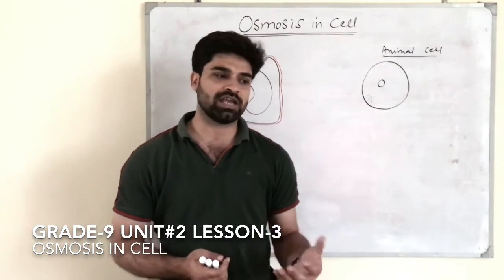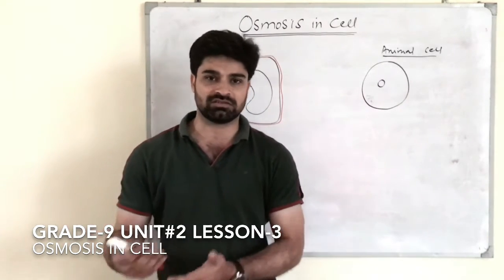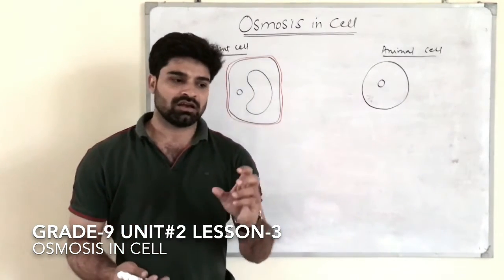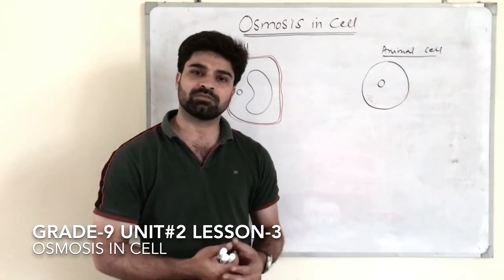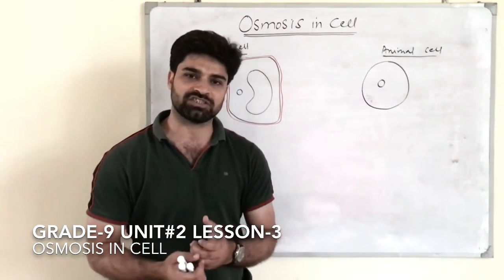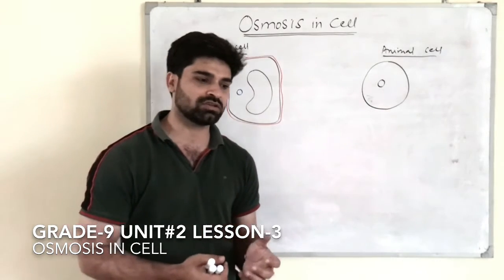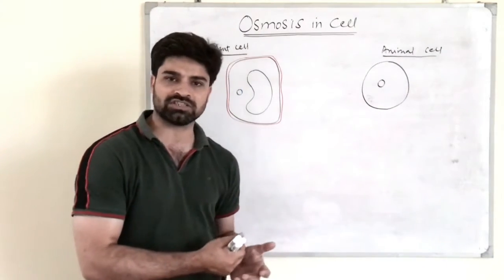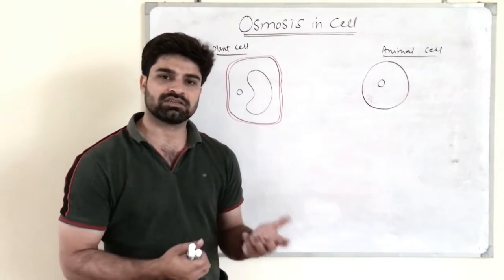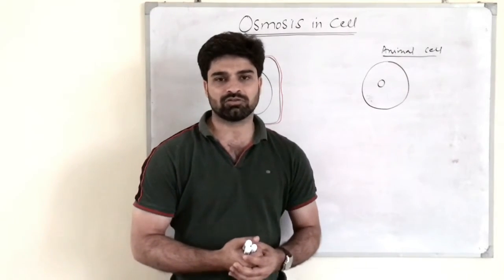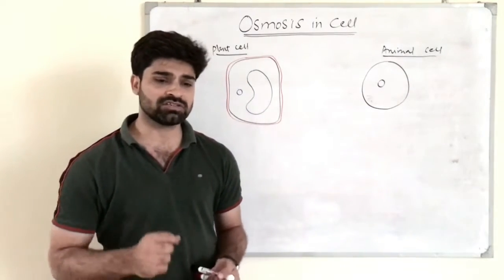We have also defined it another way: it is the movement of water molecules from the solution of higher water potential to the solution having the lower water potential through a partially permeable membrane, that is called osmosis.